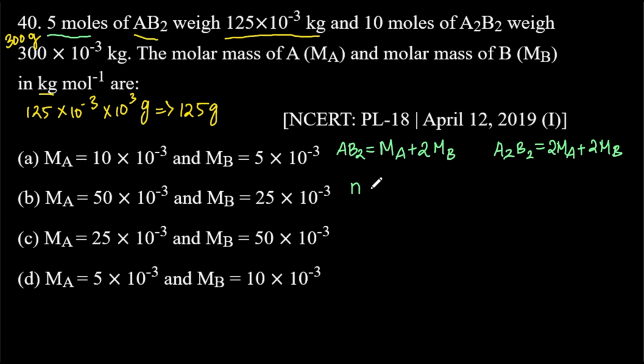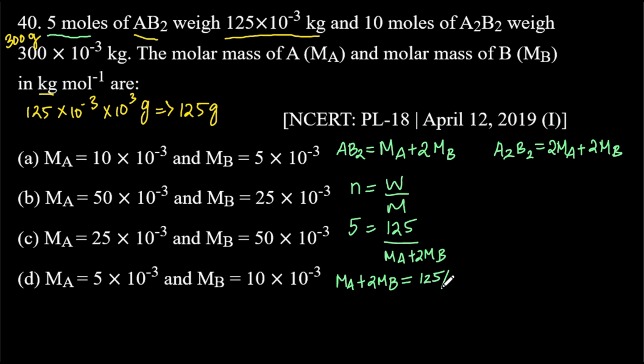We know the number of moles formula, n equals given mass by molar mass. So n is 5 and the given mass is 125 gram, divided by molar mass Ma plus 2 Mb. Taking Ma plus 2 Mb to the left hand side, Ma plus 2 Mb is equal to 125 divided by 5, which is nothing but 25.